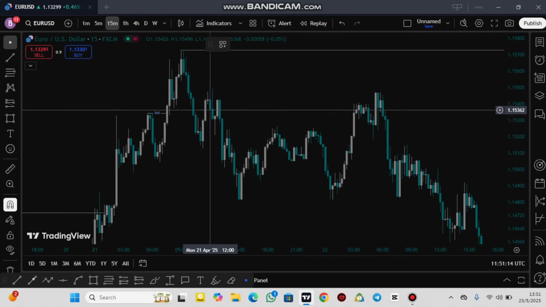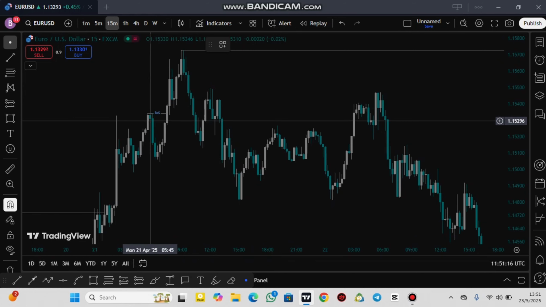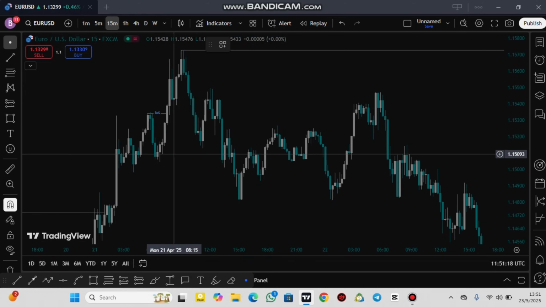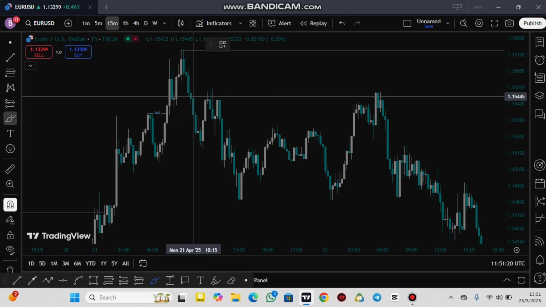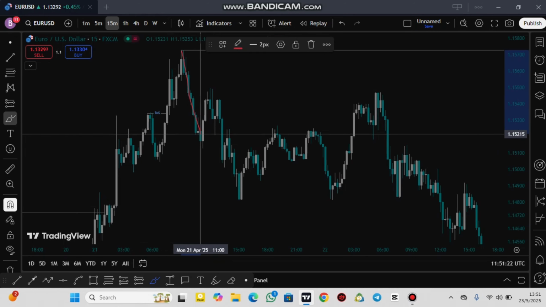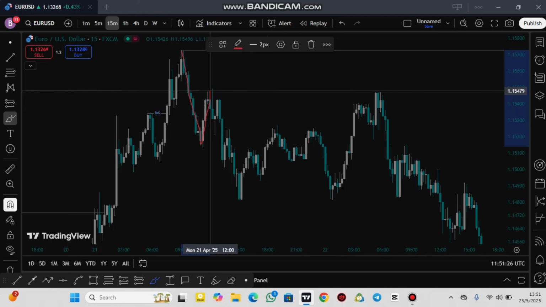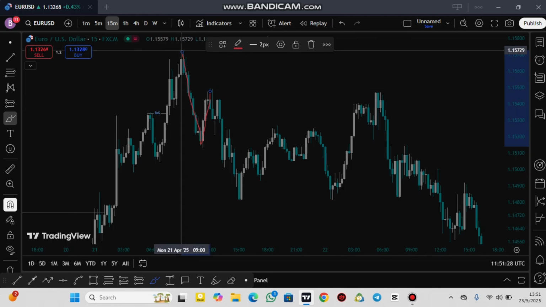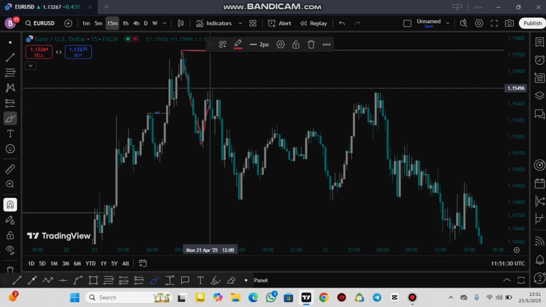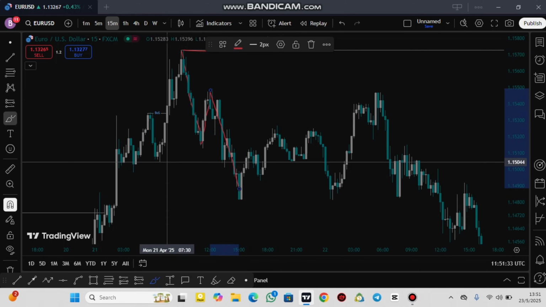Okay, so breakout structure, and then price fails. As you can see, price gave us the pullback, and then kind of gave us the impulsive, but the impulsive wasn't good enough to break this high. Then price sold, giving us a change of character.